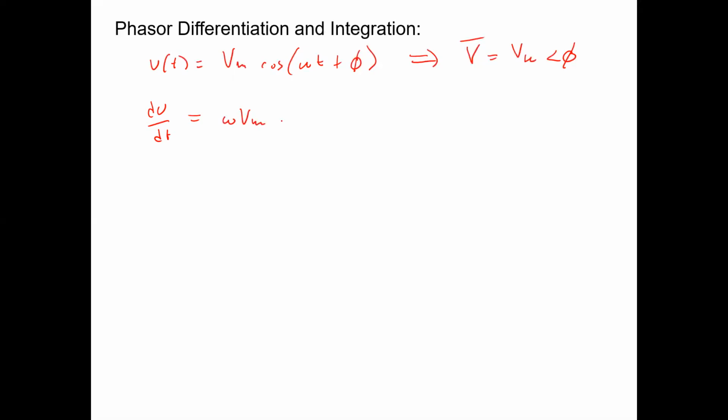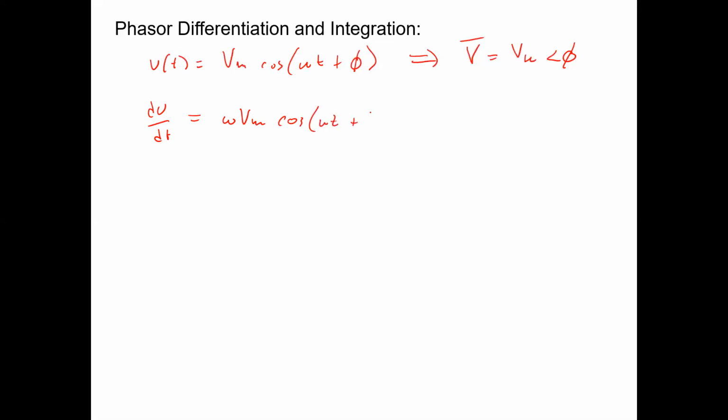So to summarize, if v of t is Vm cosine of omega t plus phi, that becomes V bar, which is Vm at an angle of phi. Cutting to the chase, dv/dt, we did a few steps to get that back into a cosine with that 90-degree phase shift. We kind of got stumped on that.